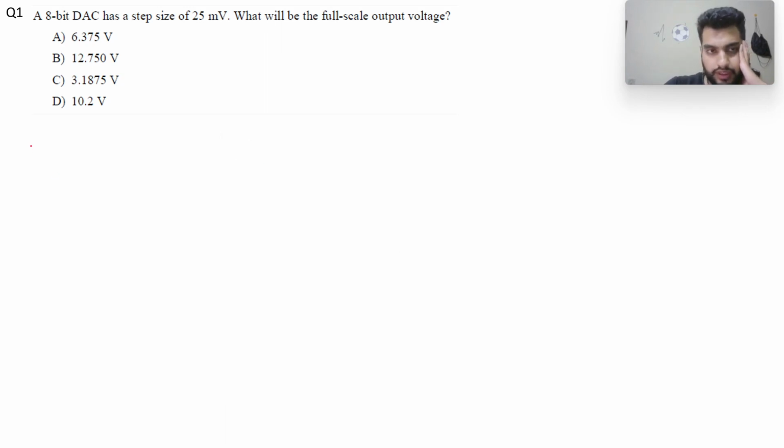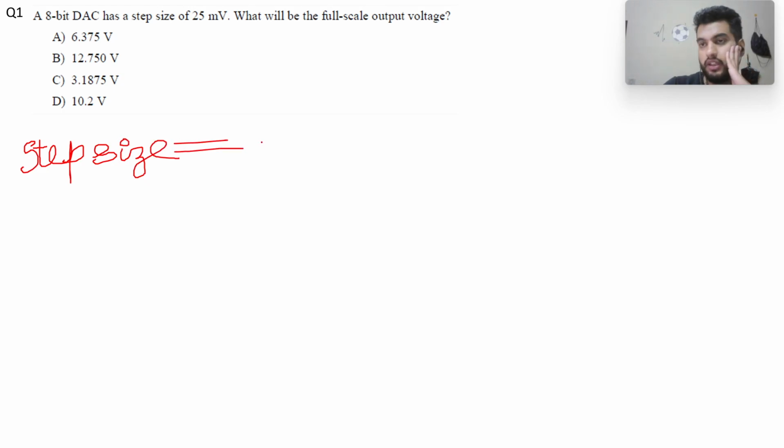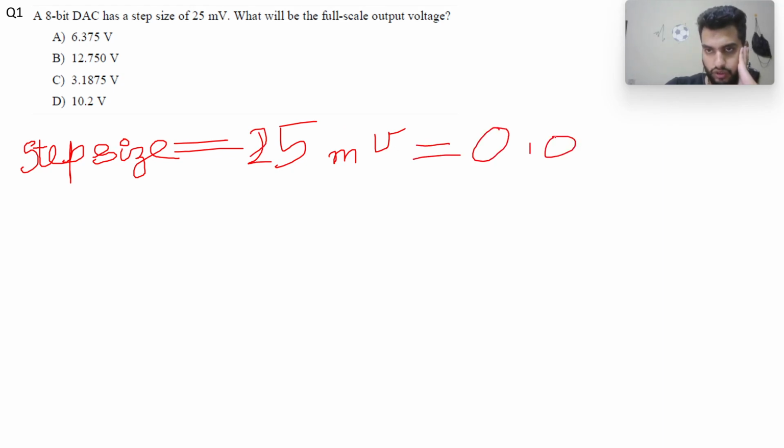We know this step size. Let me just write the step size. Step size is given as 25 millivolts, and in volts, it will be 25 by 1000, that is 0.025 volts.